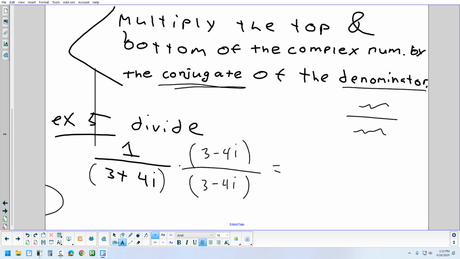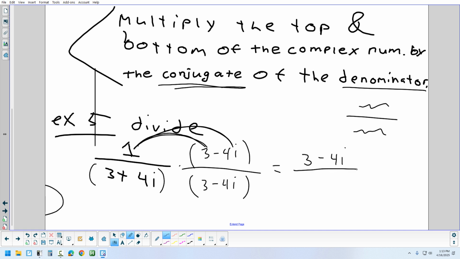So in the top, this is the easier one. We have to just do a single distributive property. You multiply the 1 to everything. What's 1 times 3? 3. And 1 times negative 4i? Negative 4i. So even though one has an i and one doesn't, you can still multiply them.